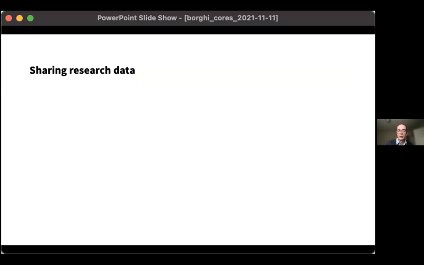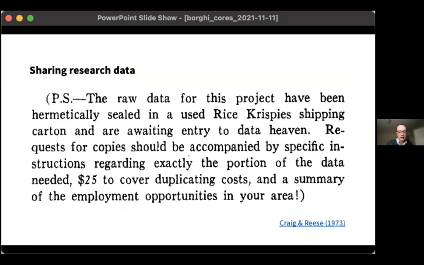Okay, sharing research data. I will say, the open access conversation is maybe the most established of the sharing conversations that we have, but there is quite a long history of researchers talking about sharing research data as well.